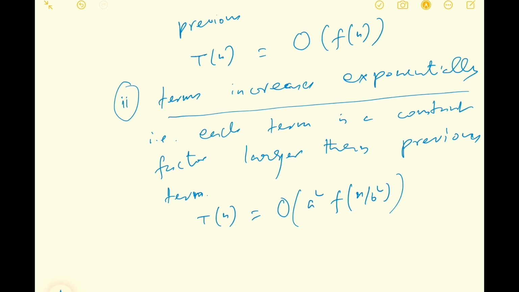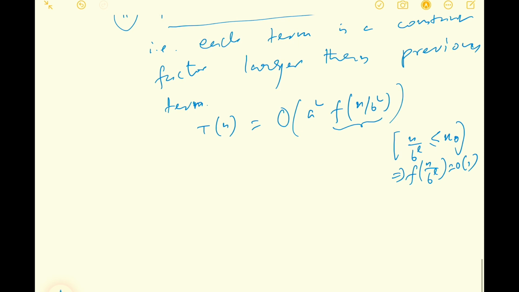So the observation is that n by b to the power L is less than n naught. So in particular, f of n by b to the power L is upper bounded by some constant. So in this case, it becomes big O of a to the power L.